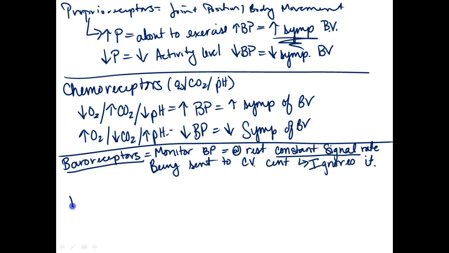So if we have a high blood pressure problem, the baroreceptors result in an increasing signal rate. This increase in signal rate is detected as an increase in blood pressure, which results in the need to vasodilate, which would mean a decrease in sympathetic signaling.